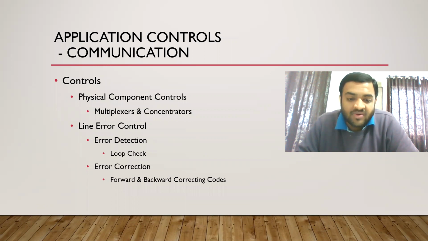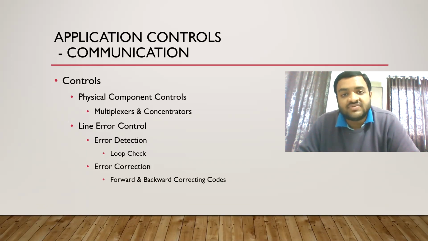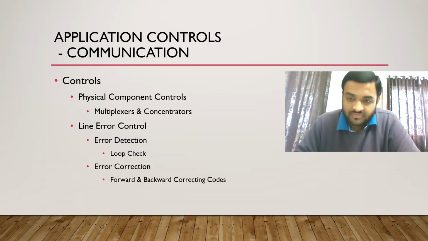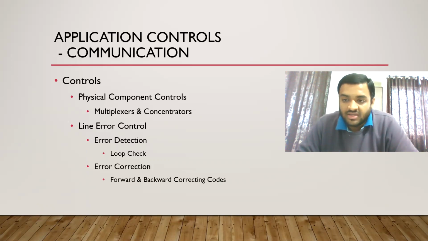What are forward and backward correcting codes? The data that I have sent, I will not receive back again, and the data which the other person is sending me, he will also not receive the same data again. So that is forward correcting code and backward correcting code, so that we can communicate efficiently. We will not hear our own voice again and again. So this is line error control.